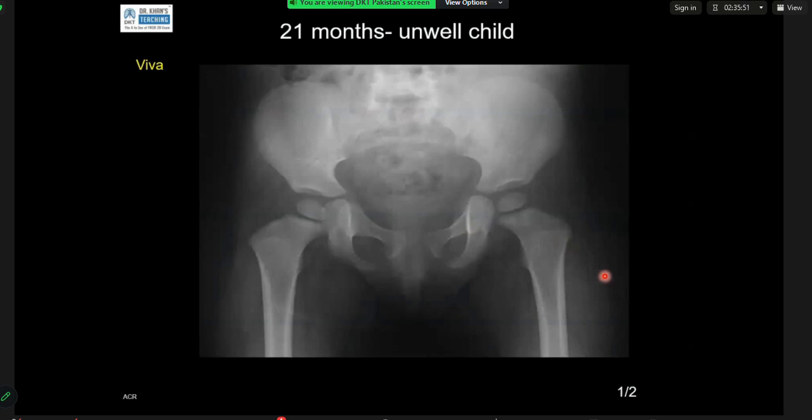I can see ill-defined lucency in the proximal femoral neck of the left femur with surrounding periosteal changes and slight interruption of the medial cortical margin. And also I can see that the femoral epiphyses bilaterally have maintained height as well as these spaces.